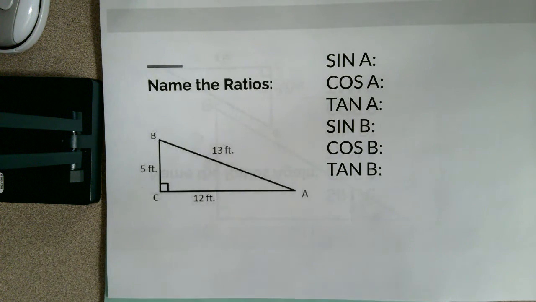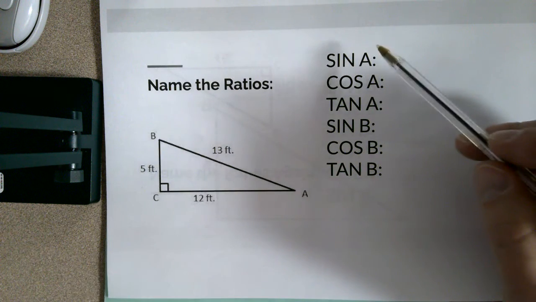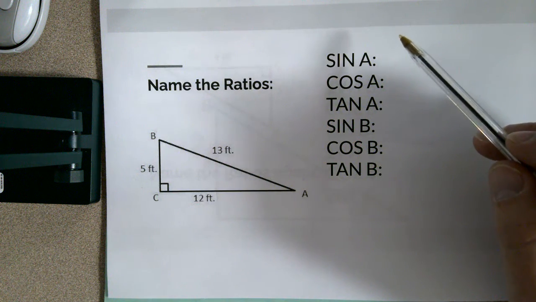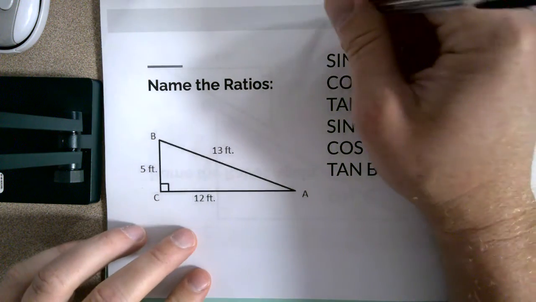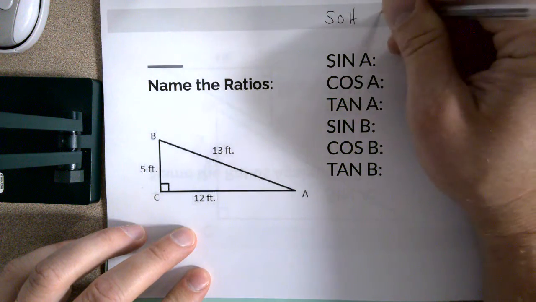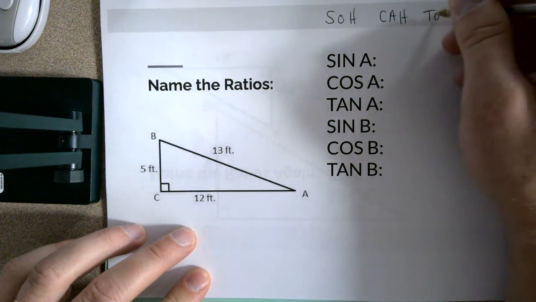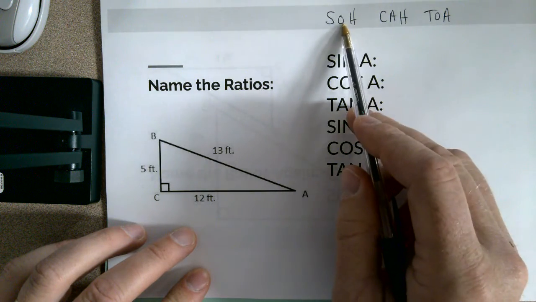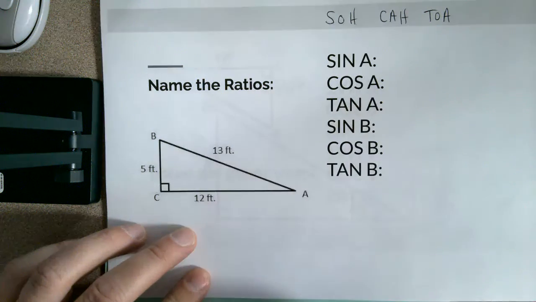Okay, so let's go to our first example. The first thing we're going to focus on is just naming the ratios. We're going to give you a triangle that has all three of the sides already, so you get a little bit of practice with that. The first one is the sine of A. With our little saying, Soh Cah Toa, we know that the sine is the opposite over the hypotenuse.